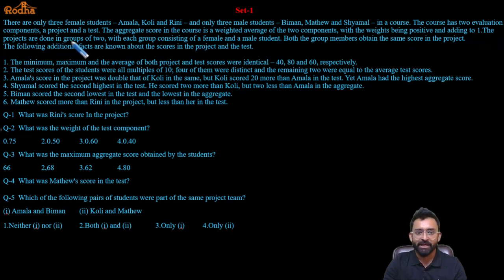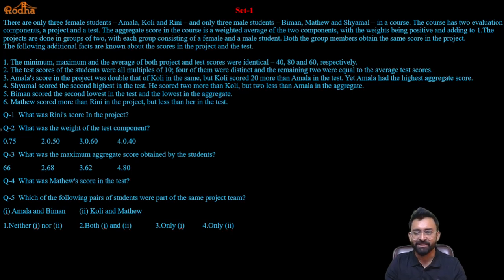The projects are done in groups of 2, with each group consisting of a female and a male student. Both group members obtain the same score in the project. The following additional facts are known about the scores in the project and test. Fine. So basically some number crunching needs to be done. So if you have practiced such kind of a question, you can definitely start with this set. Let's see the other set.